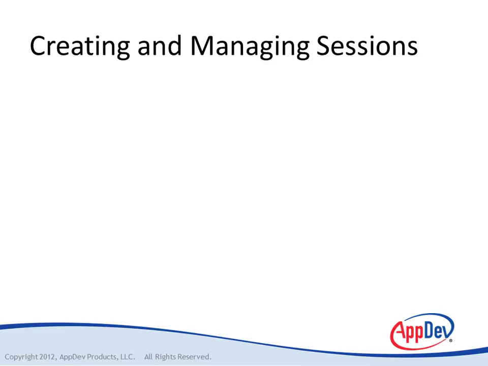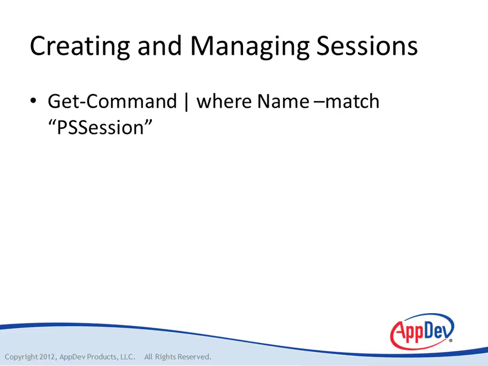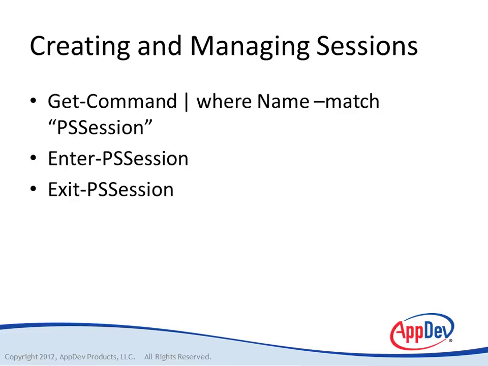Creating and managing remote sessions is actually pretty easy. And there are a set of PowerShell commandlets that you can use to do that. So the easiest way to find these is to do a Get-Command and then look for PSSession to see all of them. But the key ones are Enter-PSSession and Exit-PSSession, right? So Enter-PSSession connects, starts the session up.